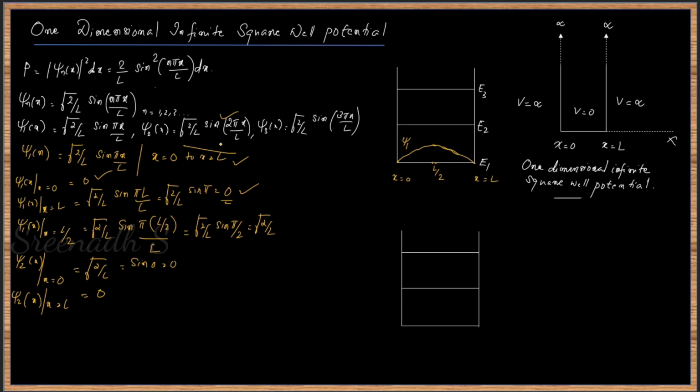So for what value of x can we have the maximum and minimum of sine theta? If we substitute x equal to L by 4, this becomes sine pi by 2. Right, so let's do it.